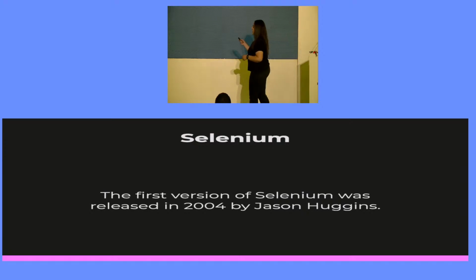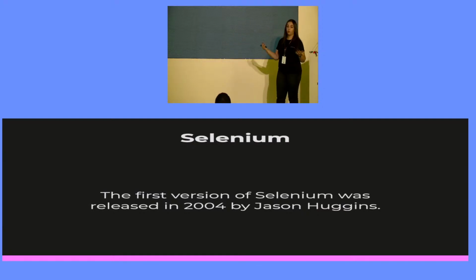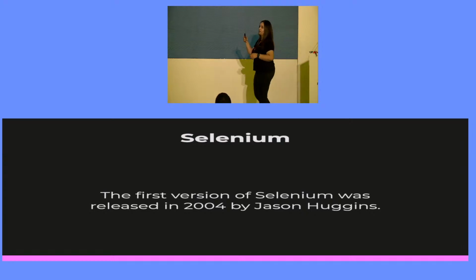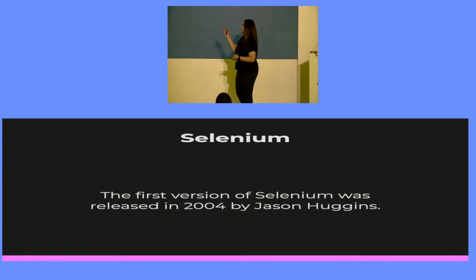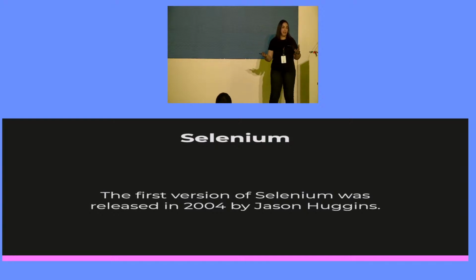And he actually didn't like to pay a lot of money for that. So he wanted to make a framework that was open source, so free for everyone. And he called it Selenium because Selenium, the element, counteracts the poisoning of mercury, the element. So he called it Selenium as a joke on the most expensive one out there.